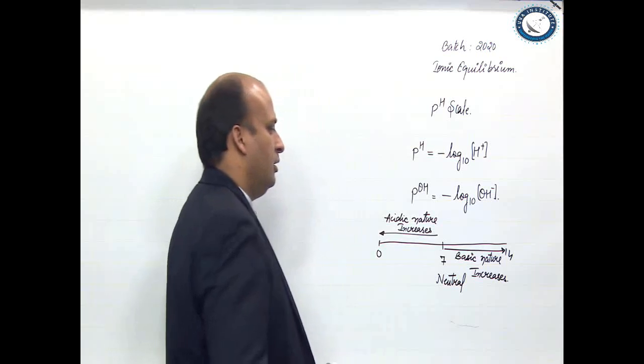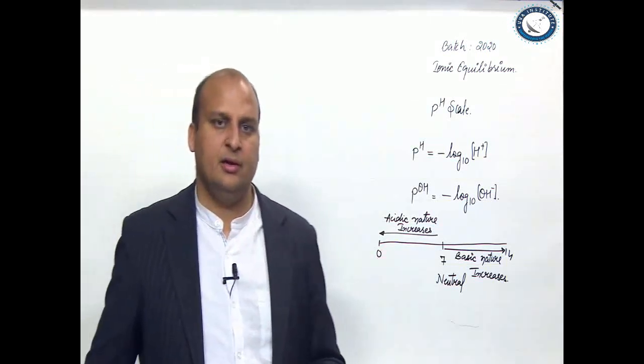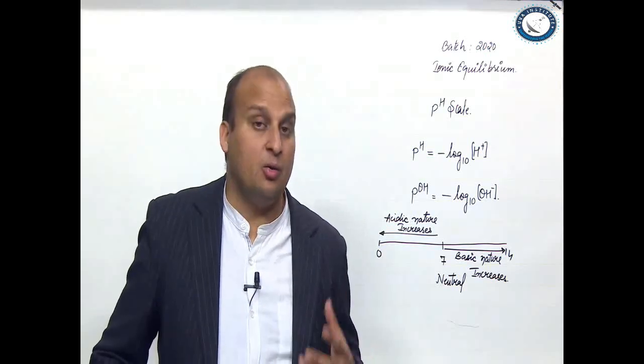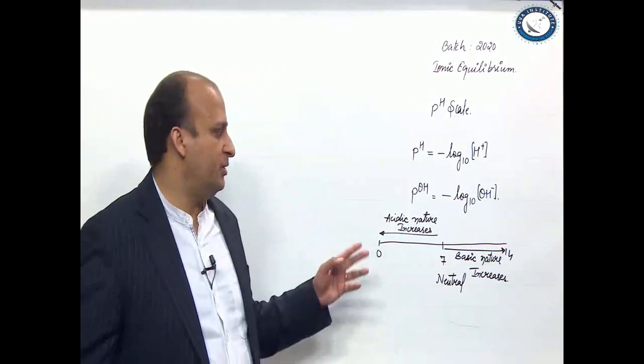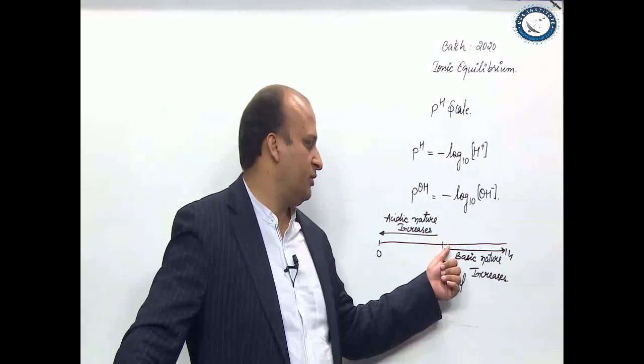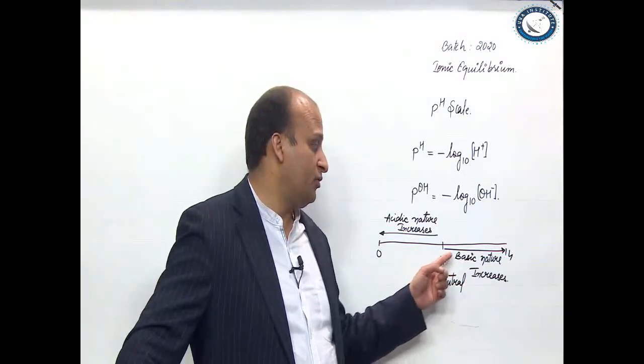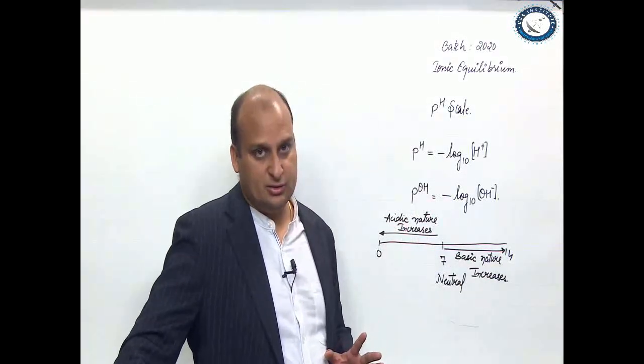Okay. Now, this part you all would have studied in your class 10th. I am going to take it forward. Why is it so that the pH scale varies from 0 to 14? Why is it so that when you move from 7 towards 0, the acidic nature increases? Why is it so that when you move from 7 to 14, the basic nature increases?